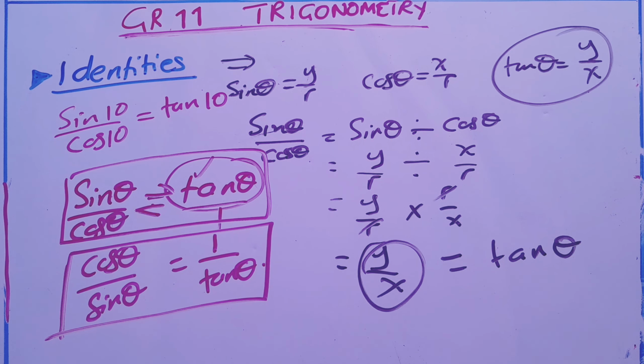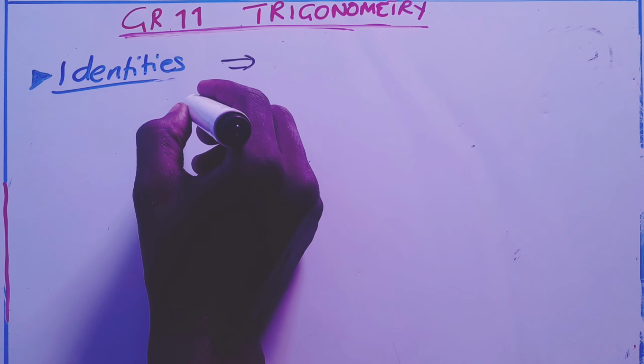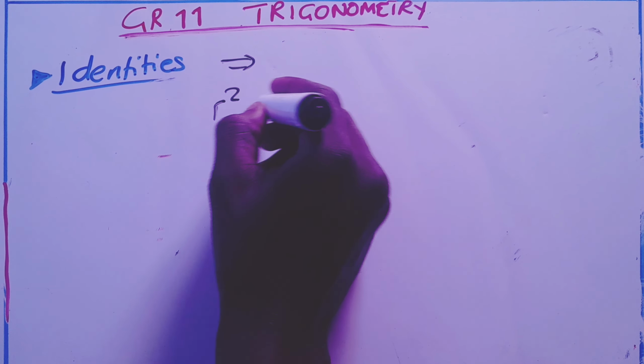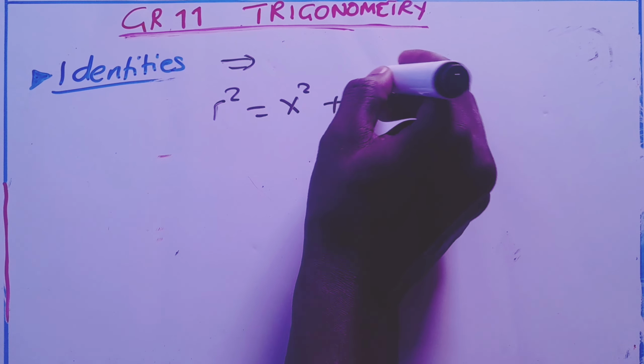Let's go on to our second identity. We have also learned, by the theorem of Pythagoras, that r squared is equal to x squared plus y squared.